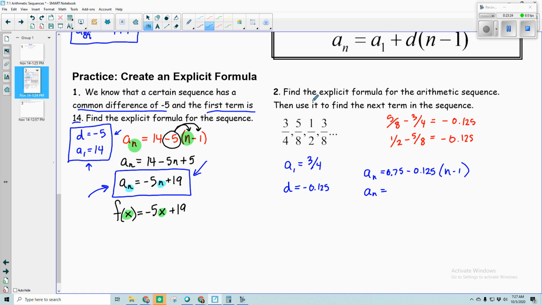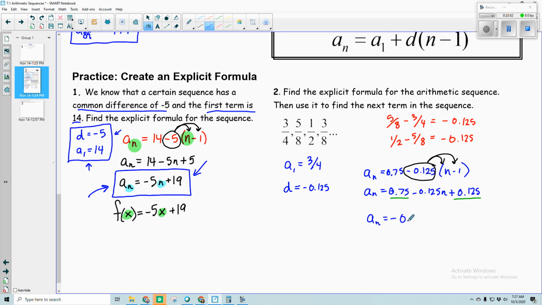And now we just got to simplify this a little bit further, so I'll take that negative 0.125 and distribute it to both of those terms. Okay, so I get negative 0.125n plus 0.125. And then I'll just combine my like terms of these two numbers.